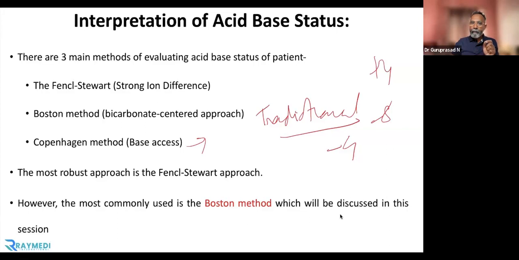The base excess or base deficit is the amount of acid or base to be added to the solution to bring the pH back to 7.4 at 37 degrees centigrade.